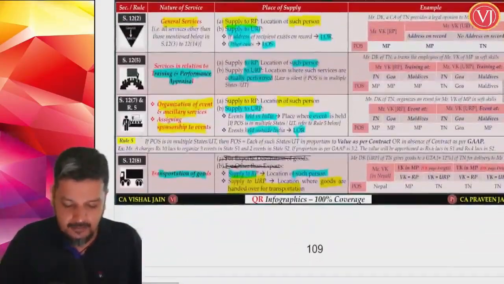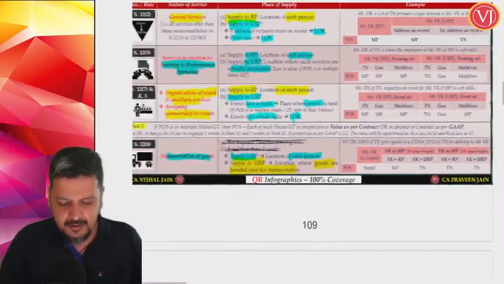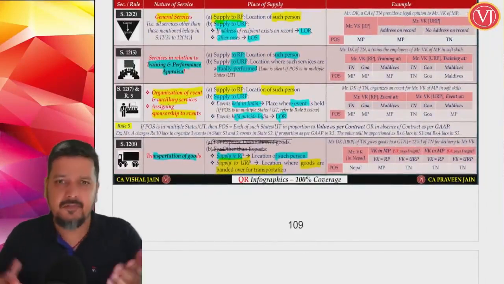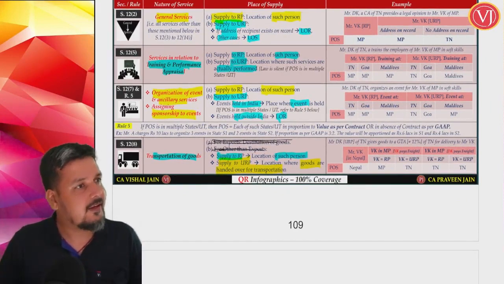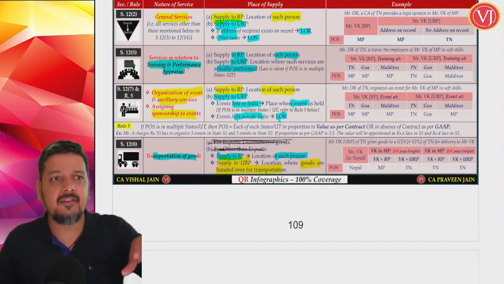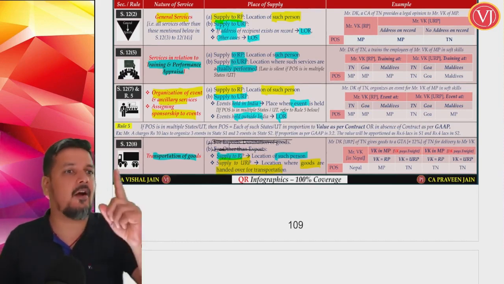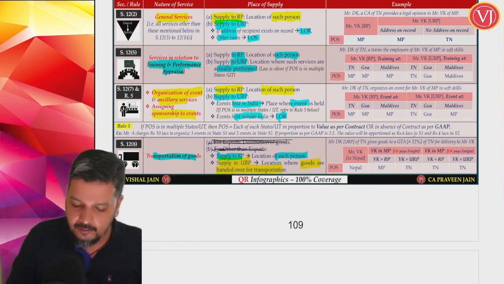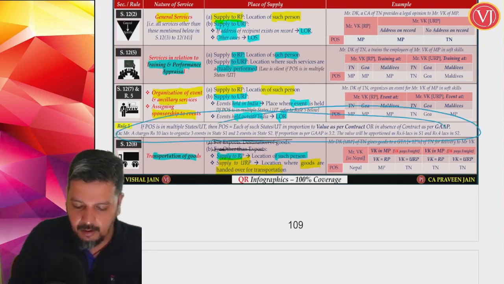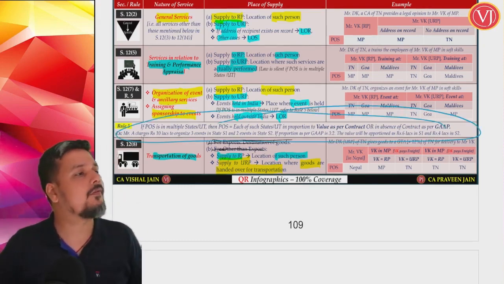And supposing I am organizing an event for IPL, and that event will be in multiple states, which we are seeing. The IPL event is organized in multiple states, correct? It is not organized in a single state, it is organized in multiple states, but my contract is only one. If the contract gives the breakup, no problem. If the contract is not giving the breakup, the logical breakup is as per rule 5.